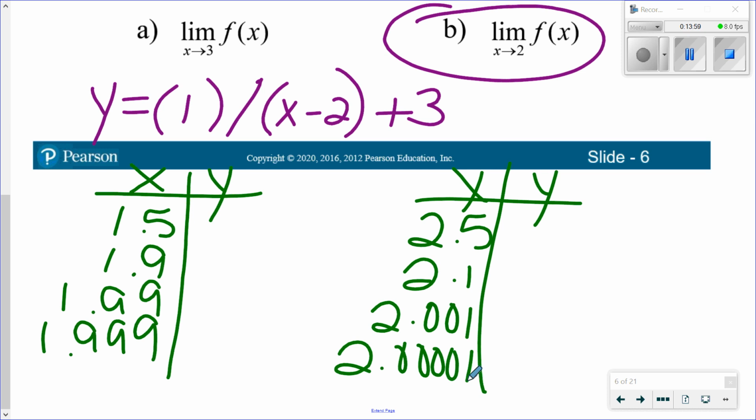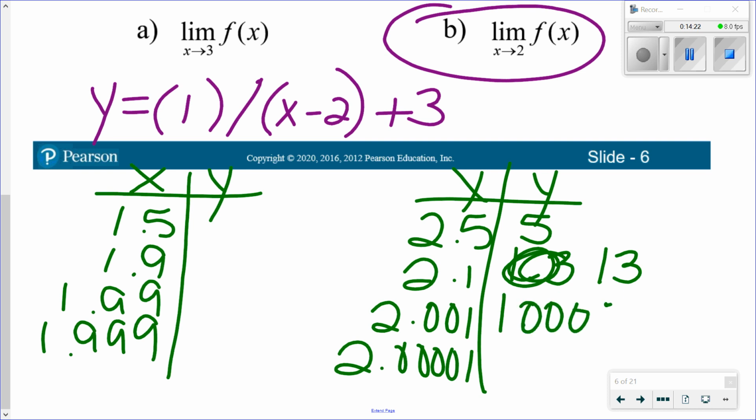So looking at our table, we have 2.5 gave me 5, 2.1 gave me 13, 2.0001 gave me 1,003, 2.00001 gave me 100,003 or so.